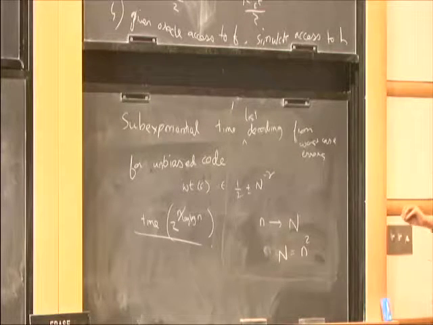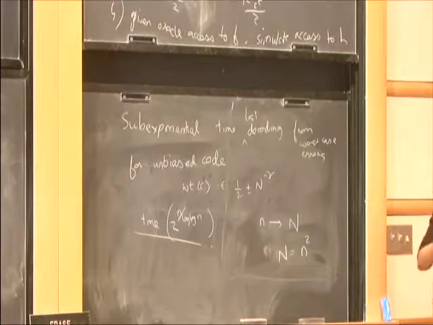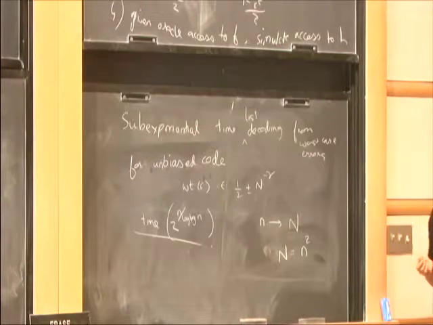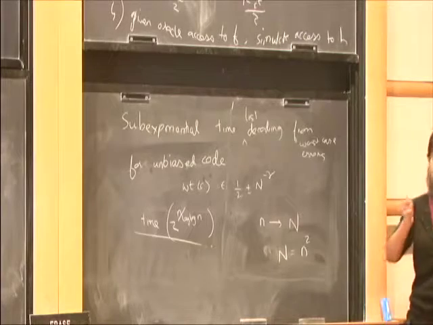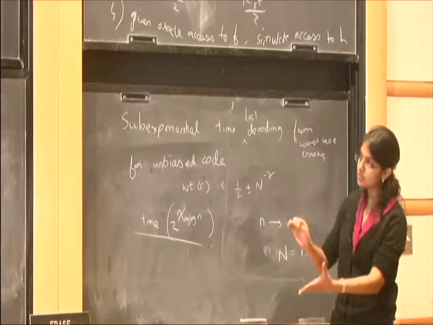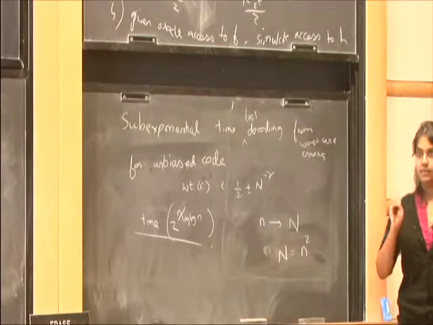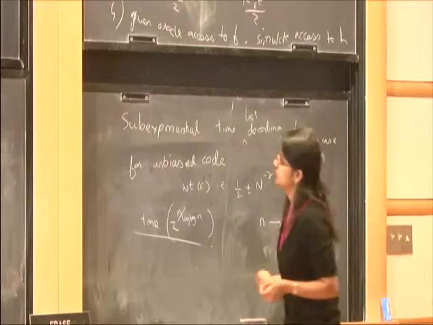We wanted to query lots of things from the earlier thing. We'll do this transformation in a way which will make back sampling easy, because we're given so much time. And what we reduce it to is the problem of learning noisy parities in learning theory. So we're going to reduce it to that problem.